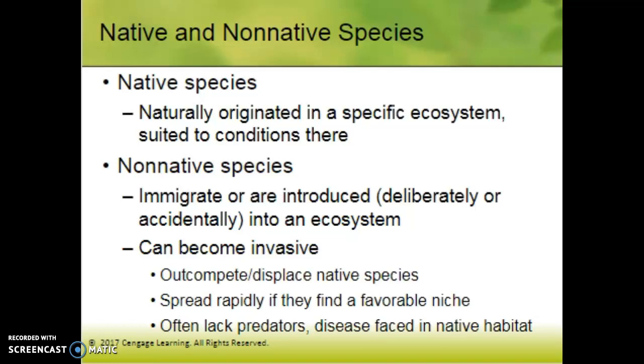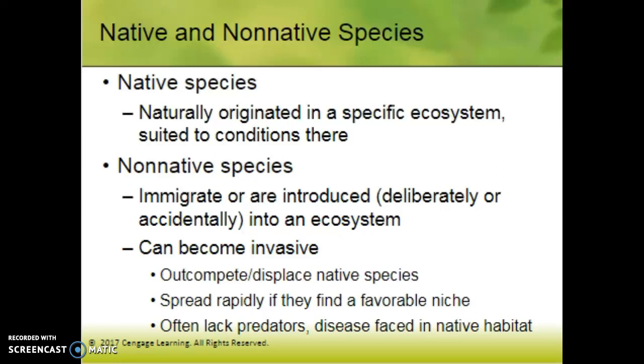So you're at a disadvantage if you're a native species because something already eats you. And if somebody moves in that occupies your same niche, they have no threats, so they can focus on gathering food and surviving and making babies. They tend to spread rapidly if they get into a good place.